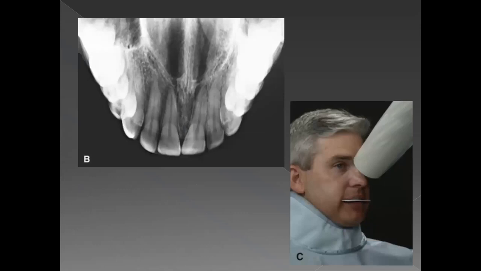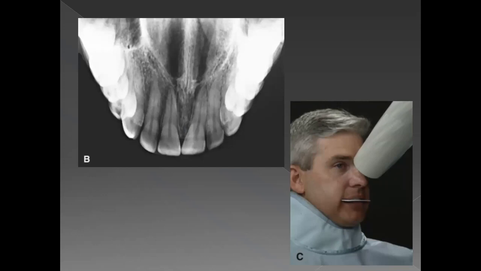So here we have the upper anterior occlusal. As you can see, the upper central incisors, lateral incisors, and canine quite well in this picture. It's almost as if you're looking at two periapicals of the upper canine to canine region.